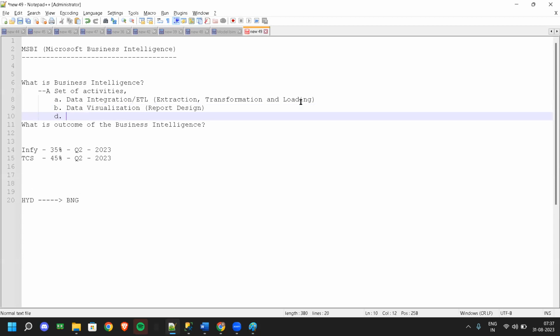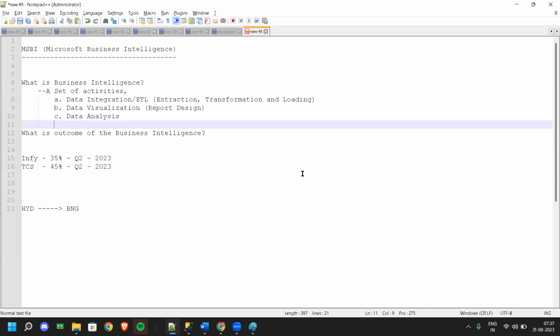And the third one is data analysis. These three are the common activities that take place in any BI. We haven't started MSBI yet, for your information. Are we good now, guys?